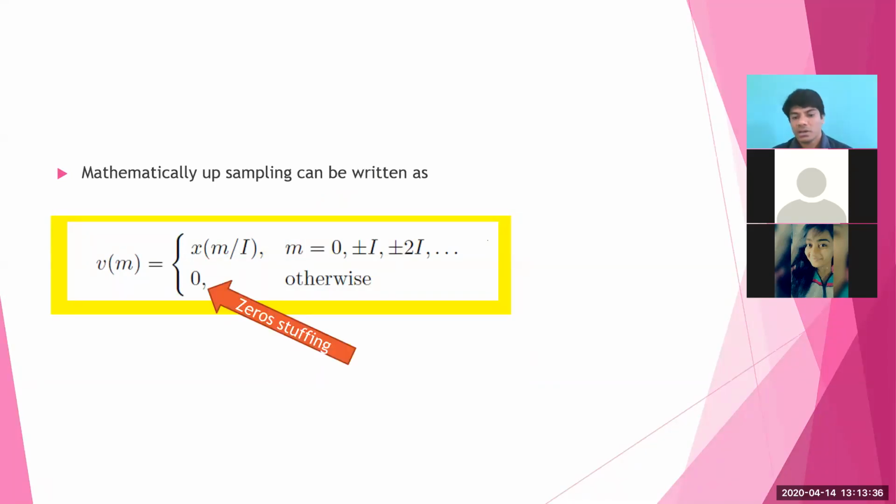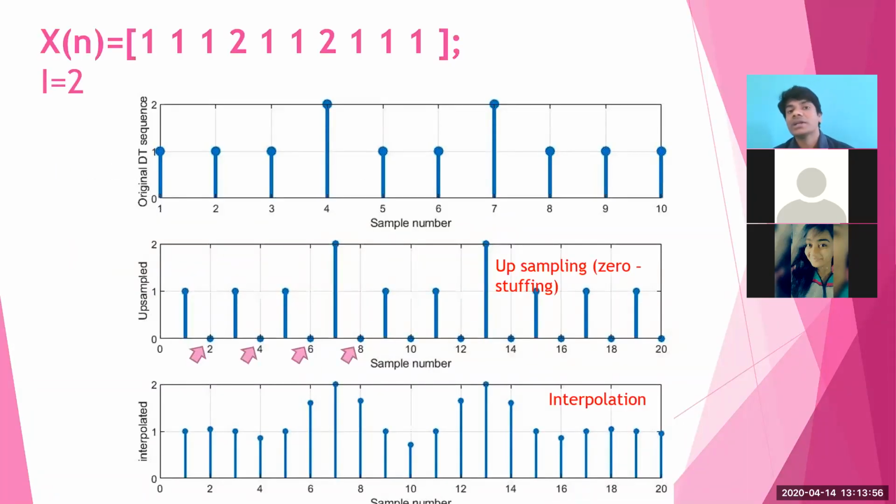So this expression is for expanding the sample sequence, and this particular expression is where we stuff the zeros. This is a very important expression for upsampling, and now let's look at one example.